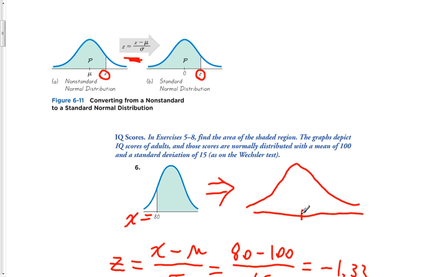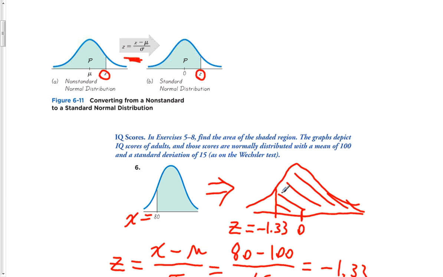And the mean here will be 0, and we just found the z-score right here to be negative 1.33. And this z of negative 1.33 corresponds to a score of 80 in the non-standard distribution. And we're looking for this area up here, the area under the curve on the right-hand side.